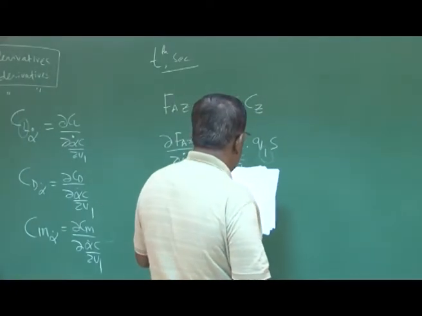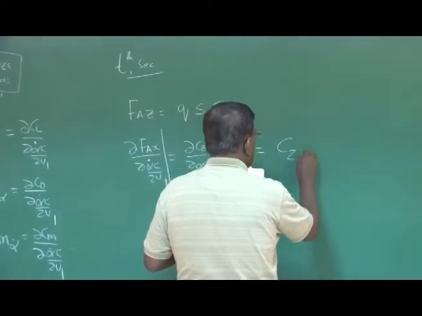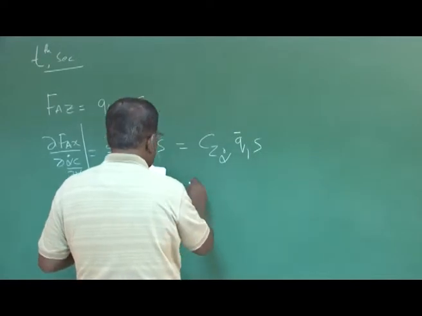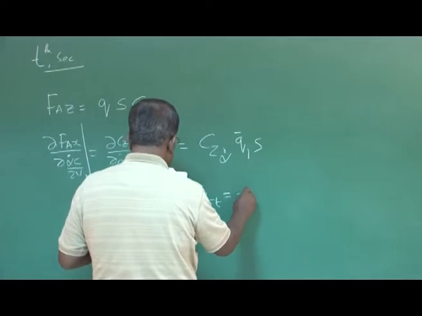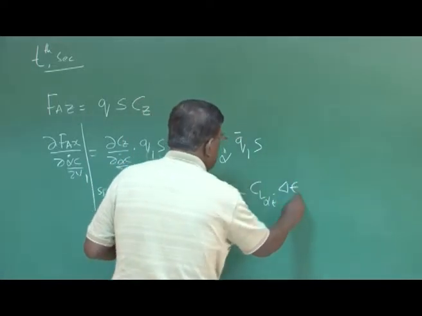And after this, what do we do? We write it as CZ alpha dot q1 bar S. And now see what delta CL tail is. That will be minus CL alpha tail into delta epsilon.